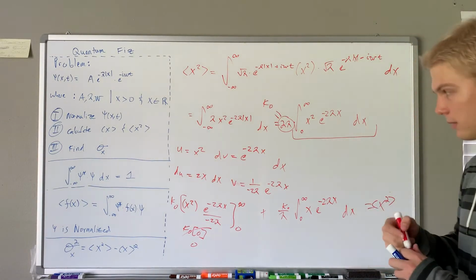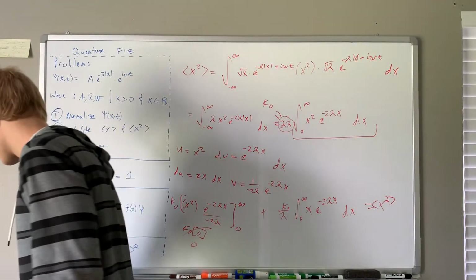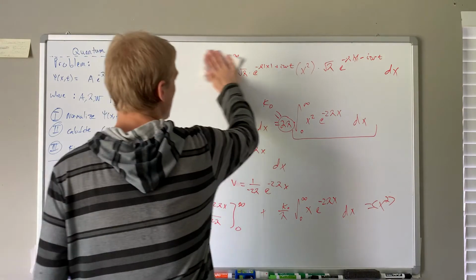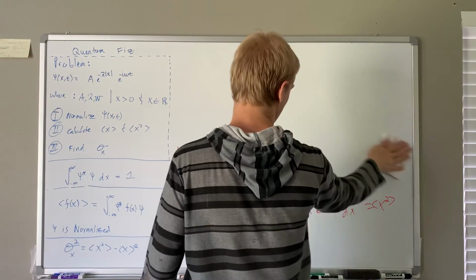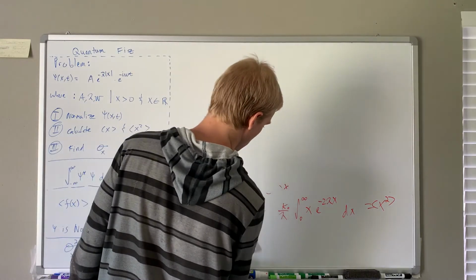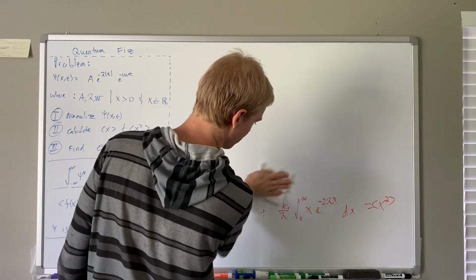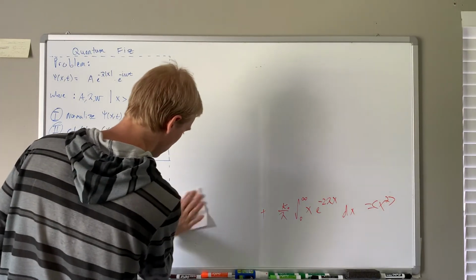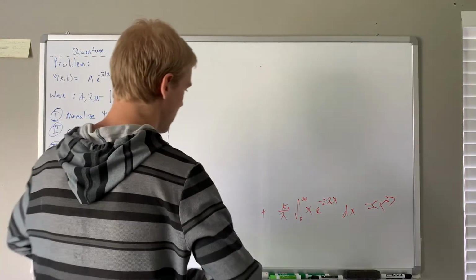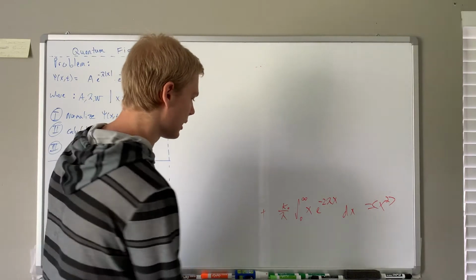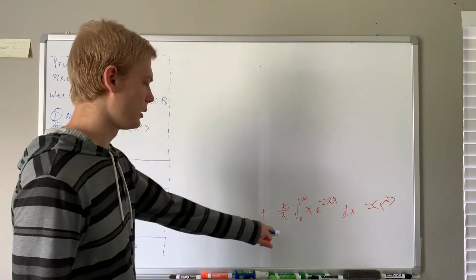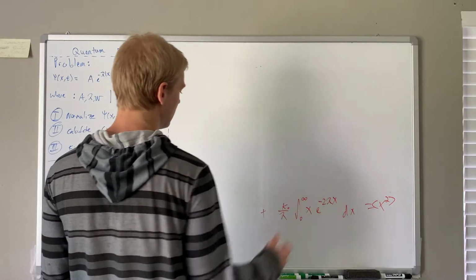So now I can erase everything else real quick. All you have to do is apply one more integration by parts. So I leave this constant out. So you take u to be that and dv to be that.